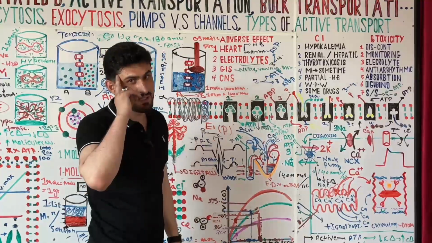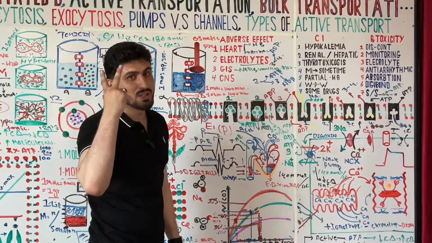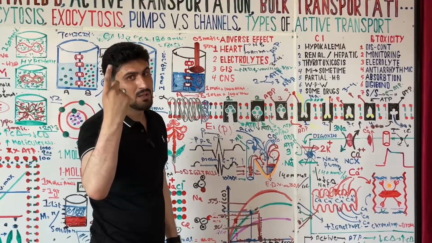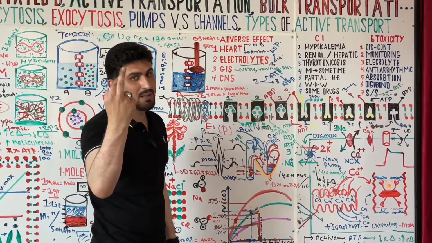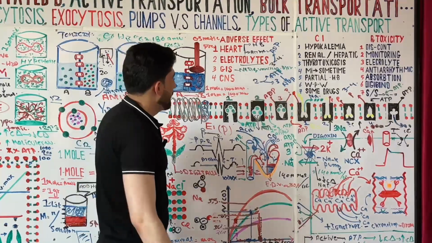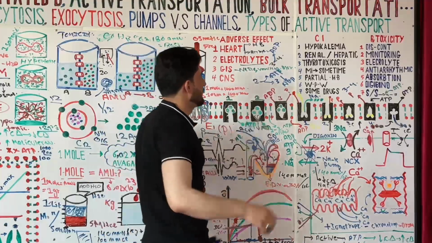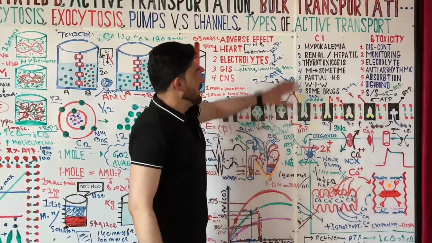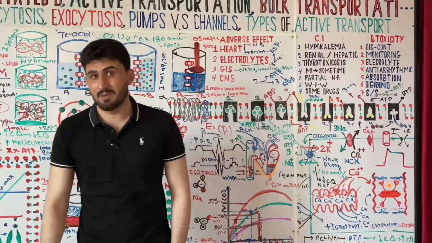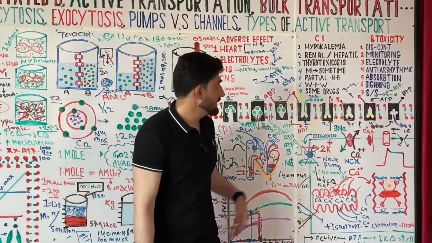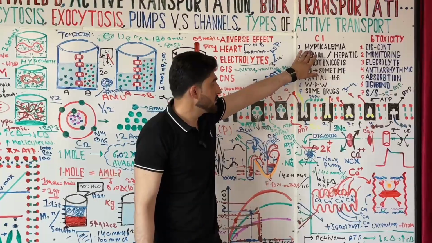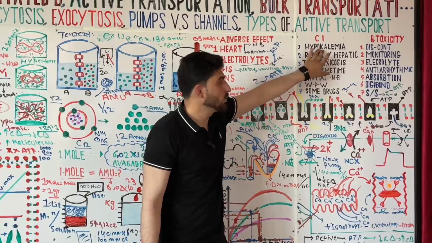Don't forget that we use digoxin for two purposes: as an antiarrhythmic drug and for heart failure, especially left ventricular heart failure, not for others. So it's contraindicated in some conditions. For example, don't give it to a patient who has hypokalemia.